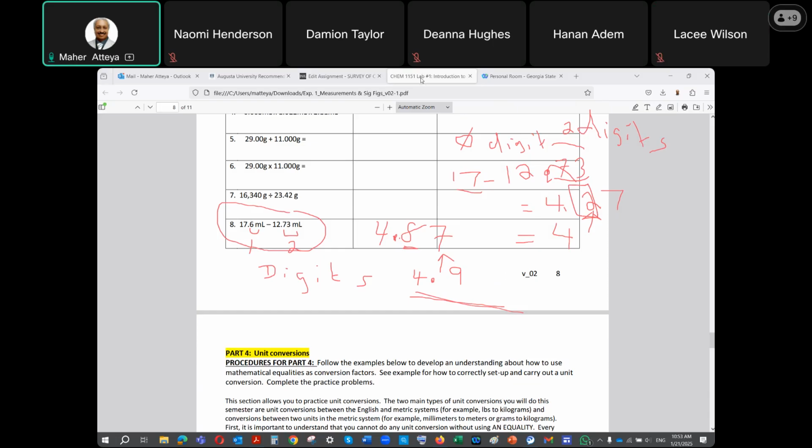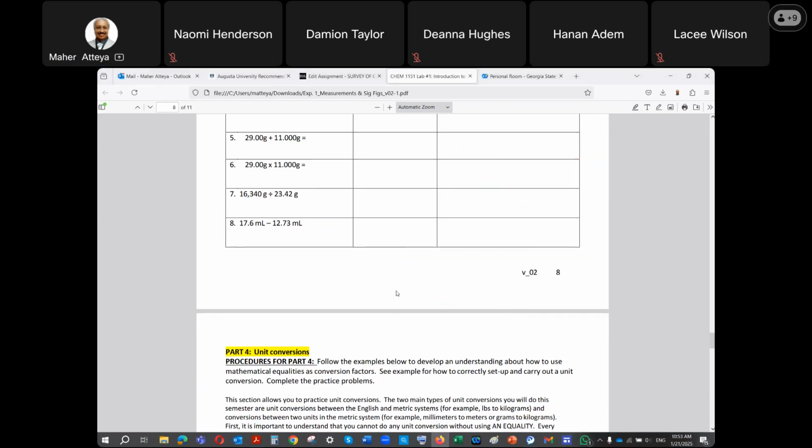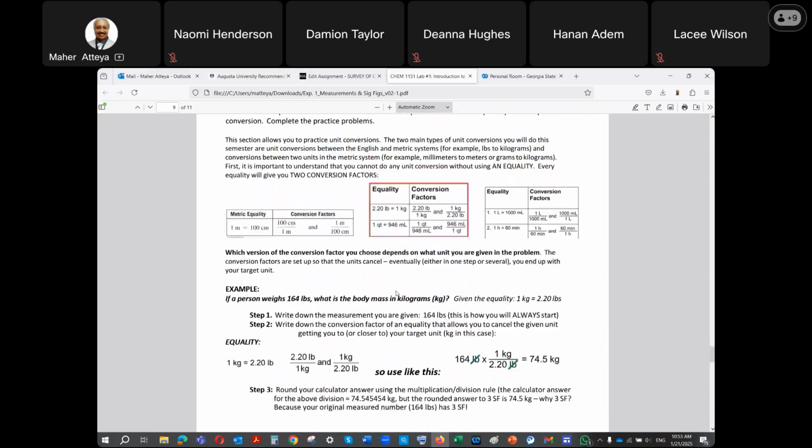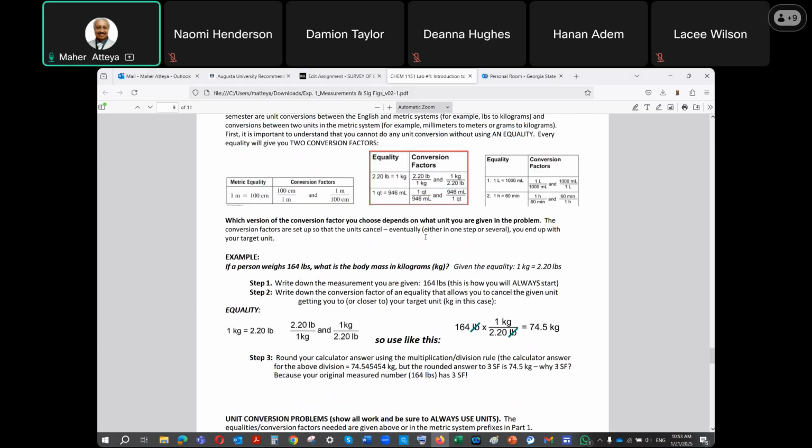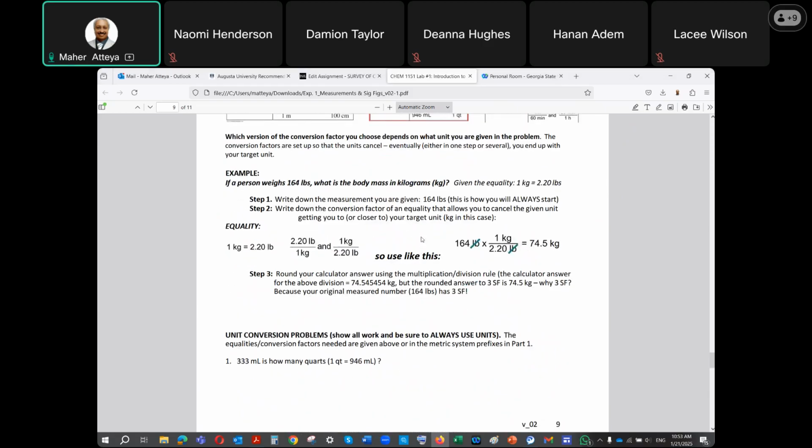Now we'll go for the conversion. So here's all the conversion you need, right? And the conversion is always about canceling units. Now we have 3 systems. We have the American system, correct?